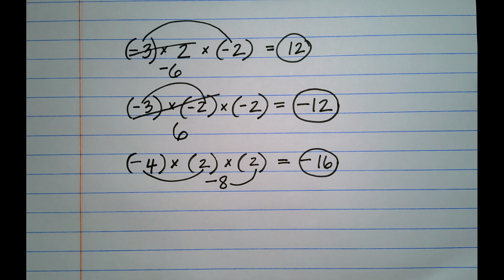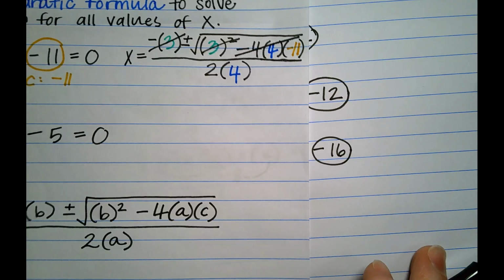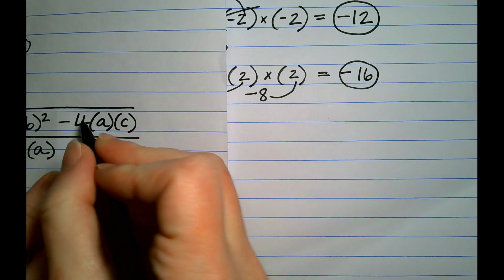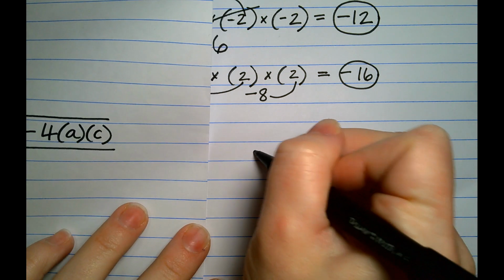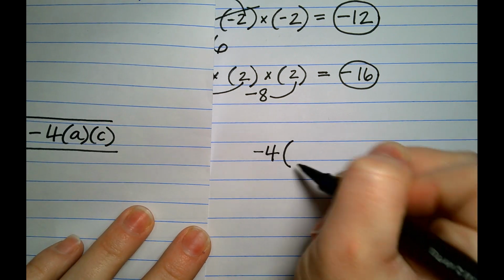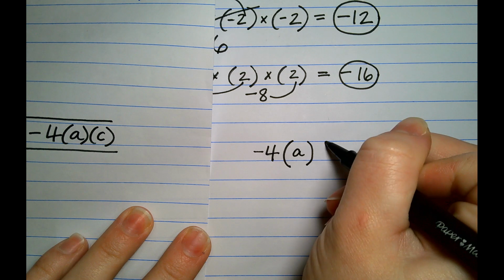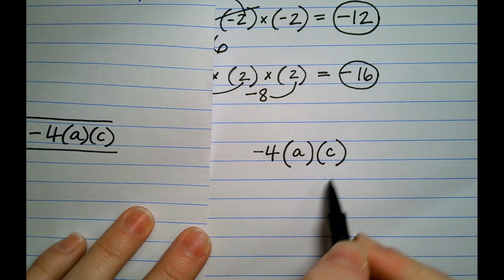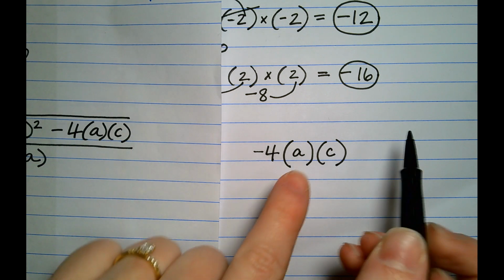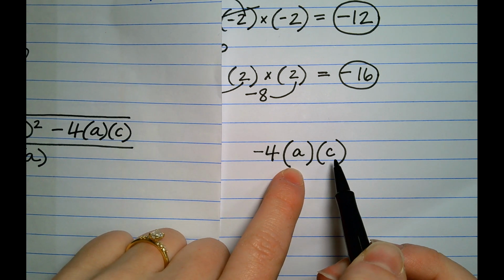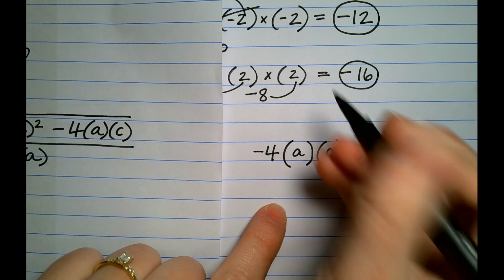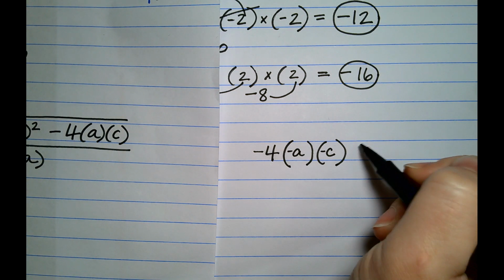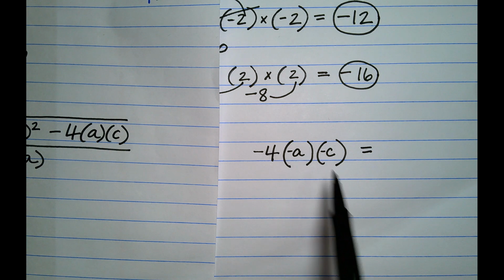I gotcha. Yeah, so in our quadratic formula, we always have a negative 4 being multiplied, and then you have A, and then you have C. We're always doing negative 4 times A times C. If both A and C are negative, I have 3 negatives being multiplied.